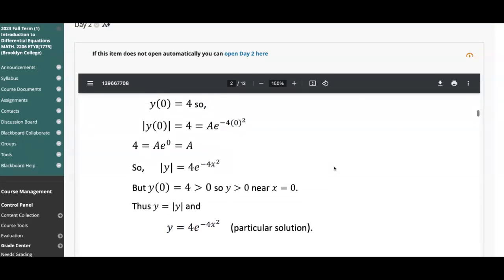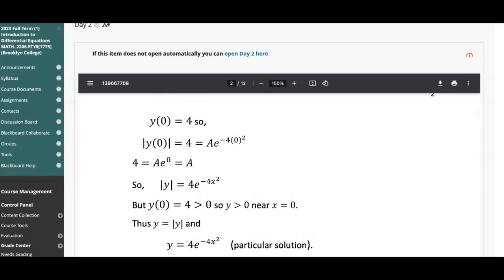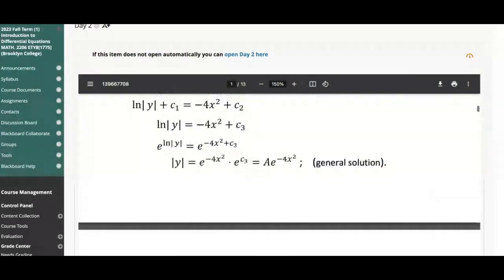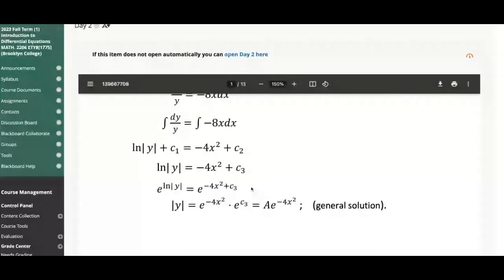Anyone has any questions? I have a question, Professor. Yes, Gregory. Sure. What's going on with the A above when we do the multiplication of e and e? What do you mean? This A?